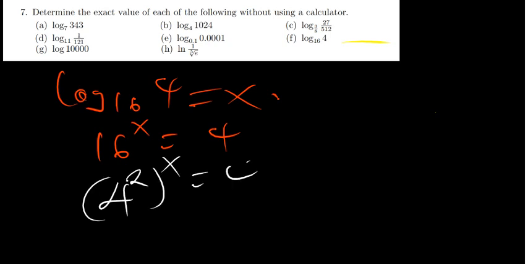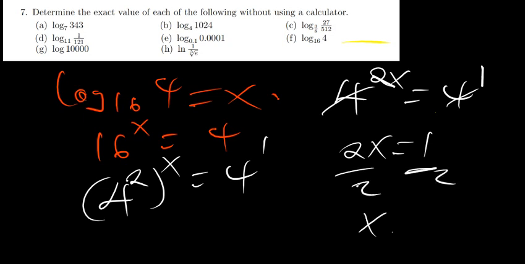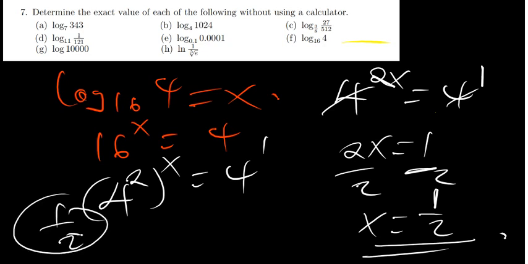Then 4 is the same as 4 raised to the power 1. So this is the same as 4 raised to the power 2x is equal to 4 raised to the power 1. The bases are the same, we can cancel them. 2x is equal to 1. Divided by 2, x will be equal to 1 over 2. So in that case, the exact value is 1 over 2. As simple as that.